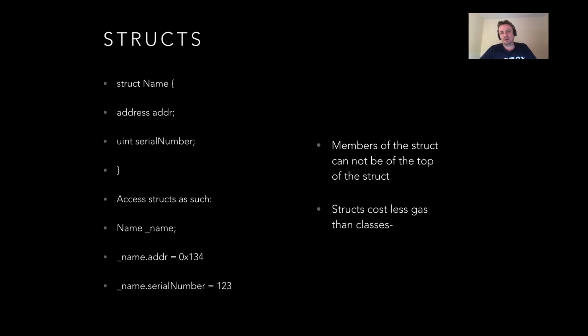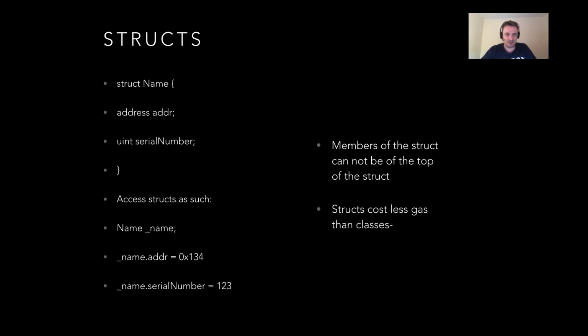Structs are a little bit more complicated data types. They are essentially composite. So within a struct, you can include any kind of other variables that you want to combine. For example, here I declare an address and a uint as a serial number.